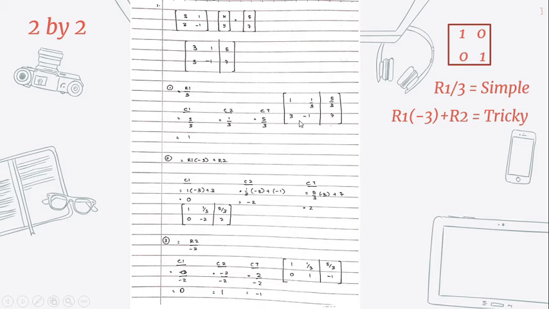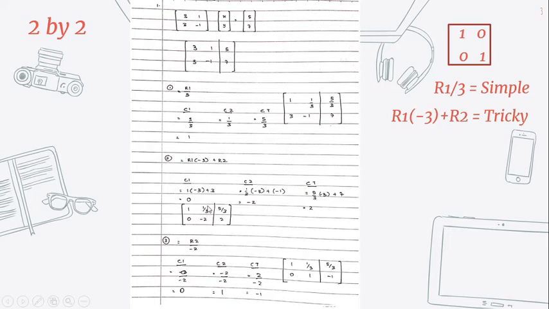If it already has a negative, we remove that negative, and then plus the number itself, R2. So for column 1, 1 multiplied by negative 3 plus 3 becomes 0. For column 2, 1 over 3 multiplied by negative 3 plus negative 1 becomes negative 2, and so on.